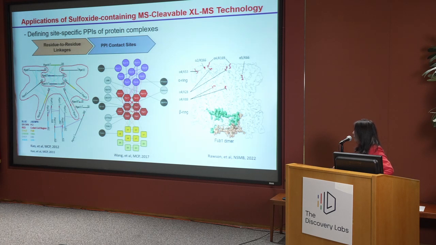In addition, we were able to map the proteins which are very small subunits in the 26S proteasome, information which was not revealed by cryo-EM because of the low density of those proteins, and also those dynamic interactions. Initially we studied the yeast 26S proteasome, and then we extended to study the human 26S proteasome.